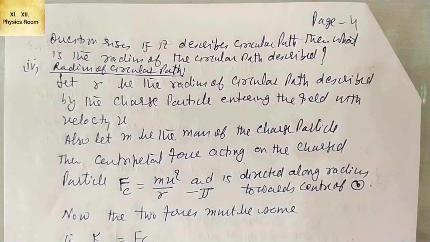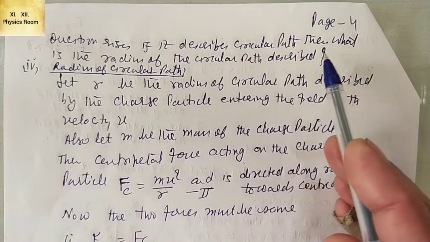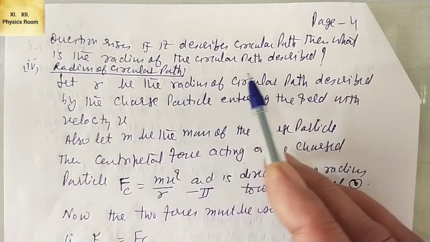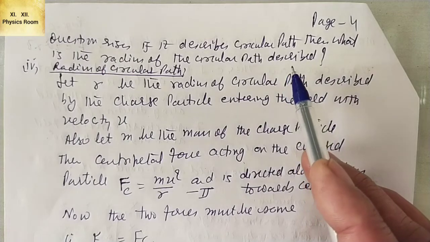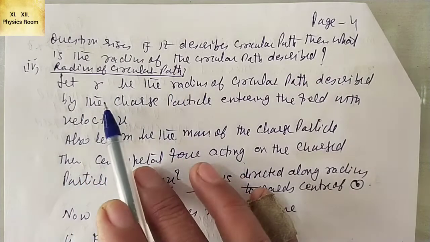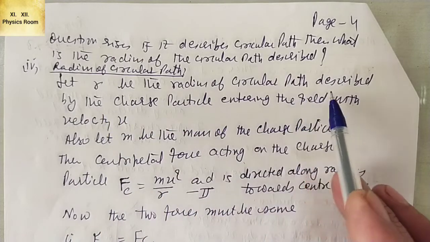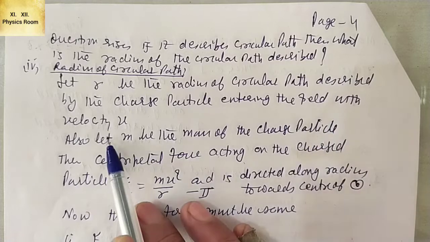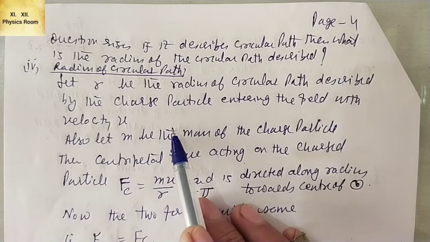Now the question arises, if it describes a circular path, then what is the radius of the circular path described? Now we come to the radius of the circular path. Let R be the radius of the circular path described by the charged particle entering the field with velocity v in a direction perpendicular to it.